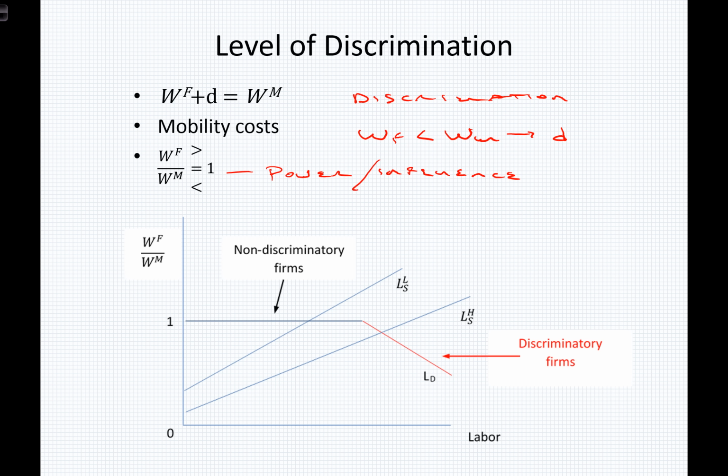So when this value is greater than 1, it tells us that there is some preference being given to females, and this was part of the issue that we sometimes see within affirmative action. And again, female is simply a proxy for the disadvantaged class. When this ratio is equal to 1, it tells us that there is no observable discrimination.